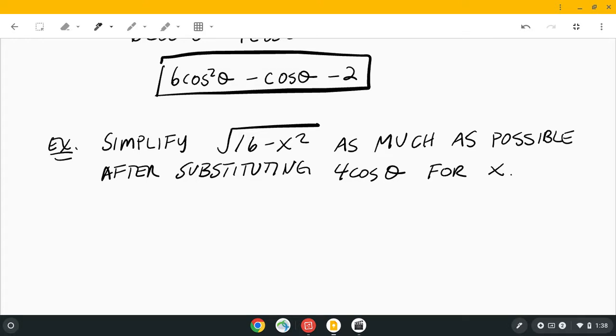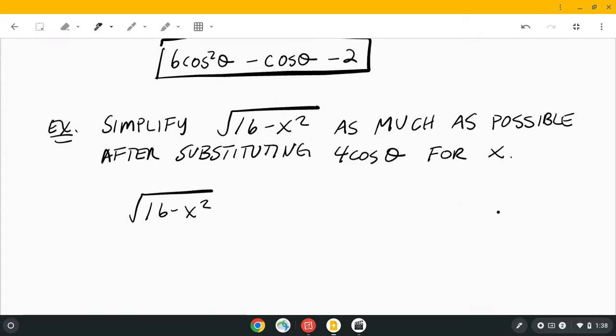All right, so we have the 16 minus x squared. So the first thing I need to do is substitute 4 cosine theta for x. So let's go ahead and replace the x with 4 cosine theta.